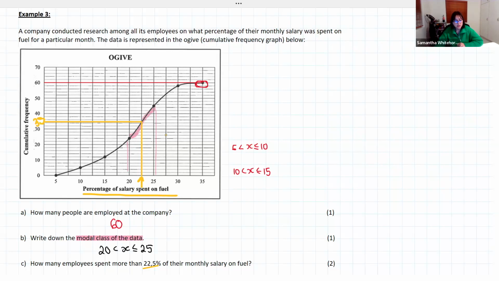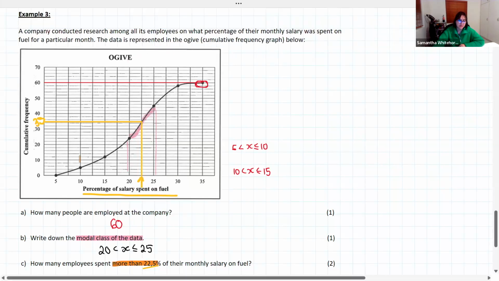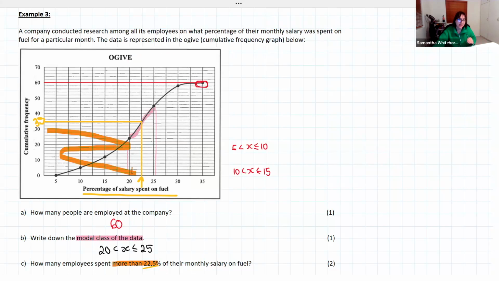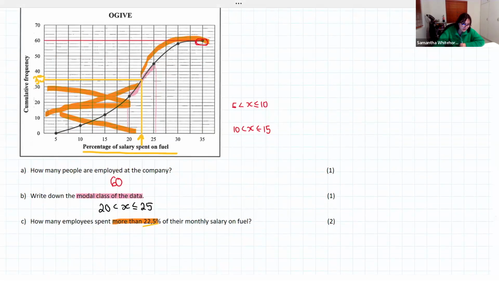Just go back to the question and make sure that you're actually answering it. It says, how many employees spent more than 22.5%? So remember, everyone below this is 22.5% or less. We want to know how many employees spent more than. Now, we know that it's 35 employees that spend 22.5% or less.